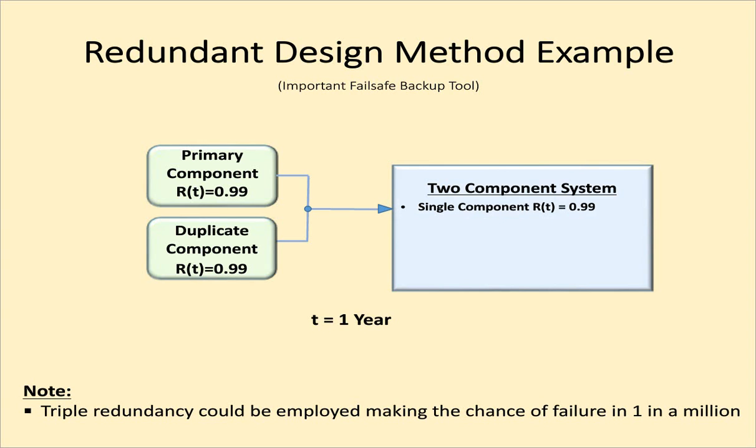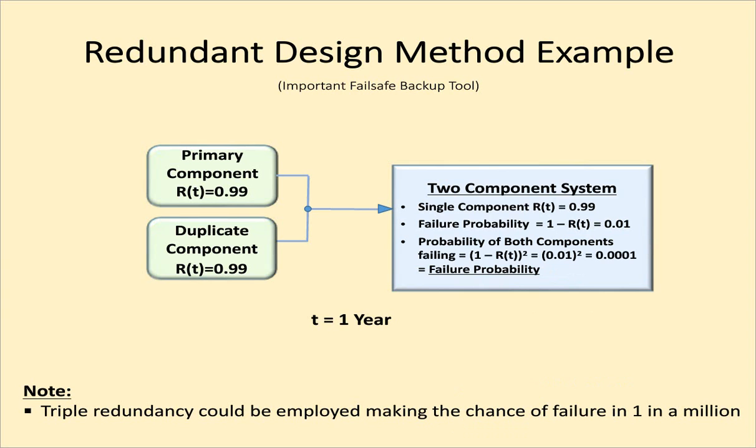So if you want to calculate the reliability now that we've added redundancy, you subtract the reliability from 1 and square that for 2 components, and you end up with a 1 in 10,000 failure probability for 1 year, which isn't bad. Not great, but not bad.